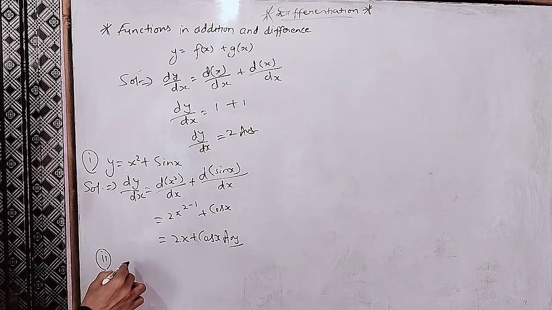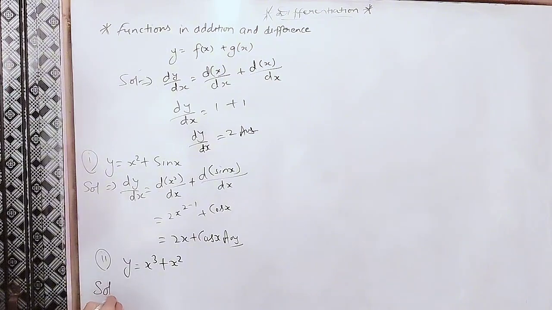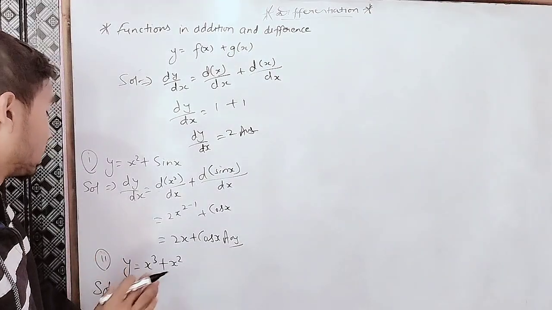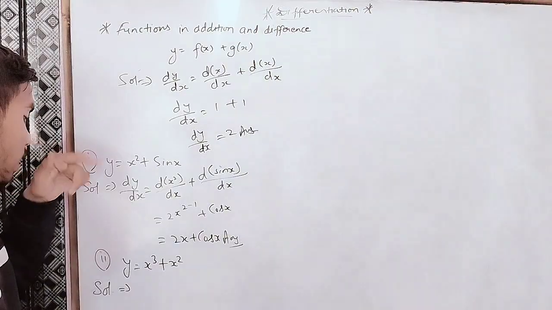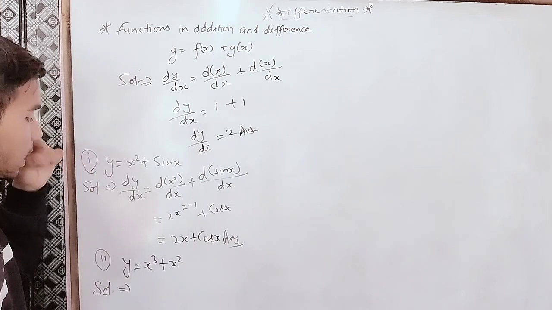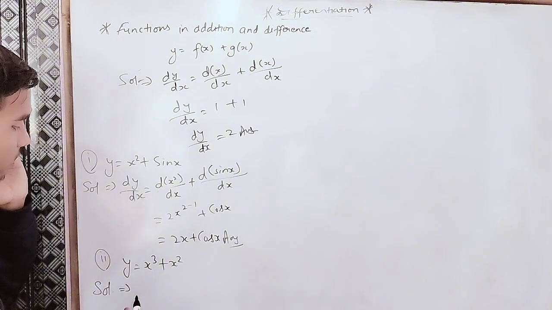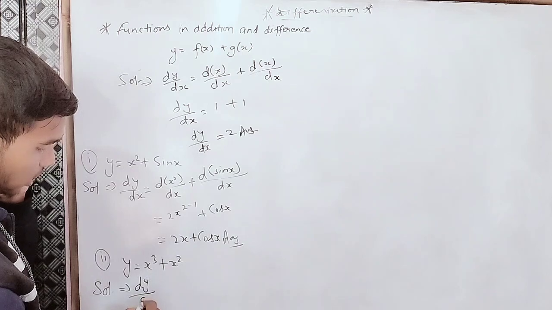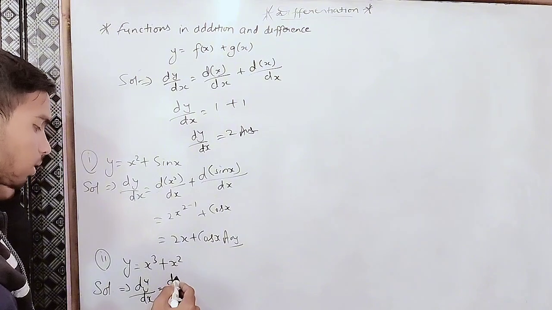Next we have y is equal to x cube plus x square. Okay, let's solve it together. So here it is given simply. You have y is equal to x cube and x square. Now solve it, and the question is saying differentiate it. So it is in addition. These functions are in addition. So we are going to represent x cube. First of all, we will do differentiation of x cube.